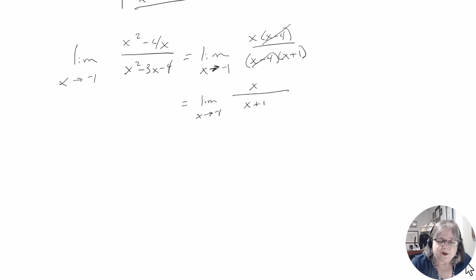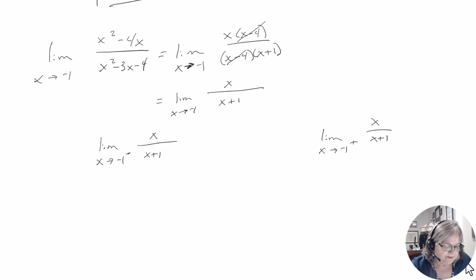So what you're going to have to do is the limit as x approaches negative 1 from the left, and the limit as x approaches negative 1 from the right, and see what's going on.